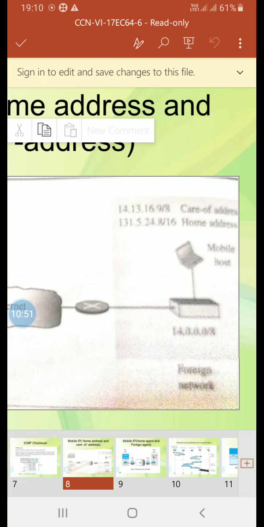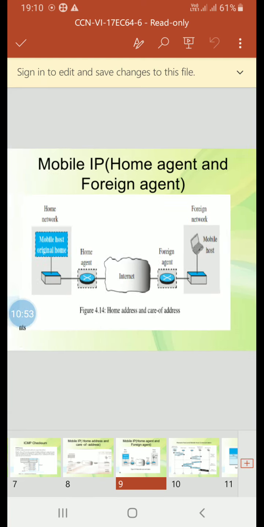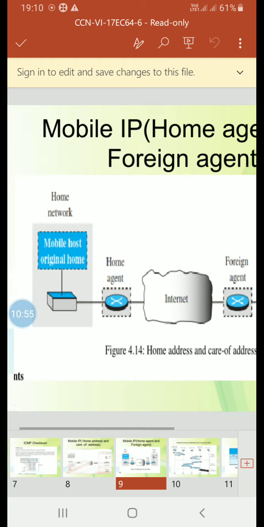Next, agents. The internet requires a home agent and a foreign agent to make the change of address transparent to the rest of the internet.